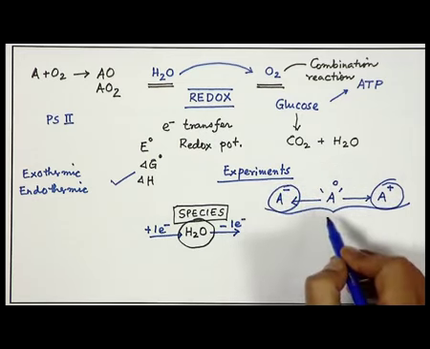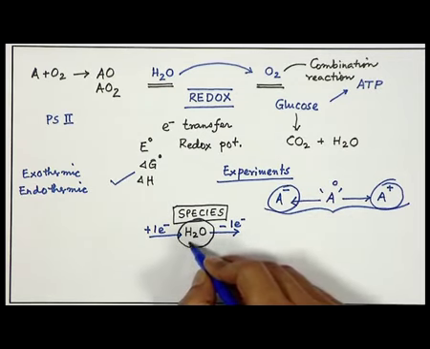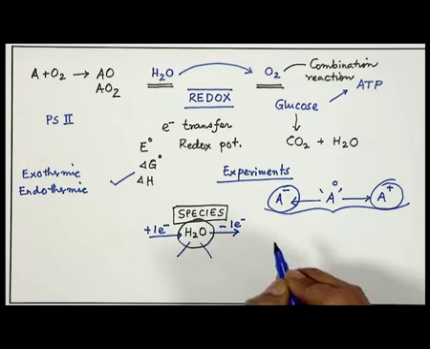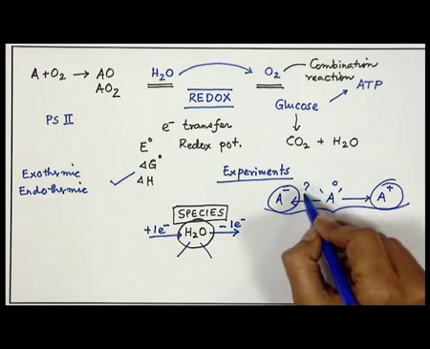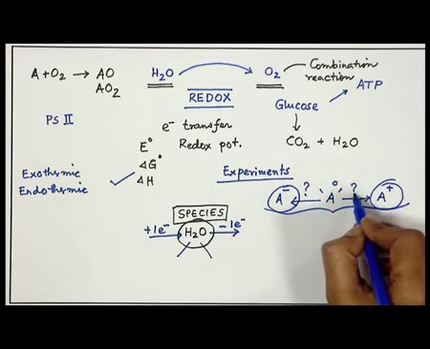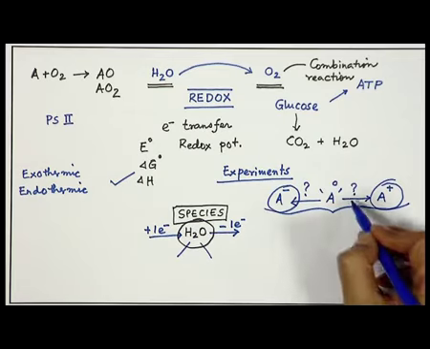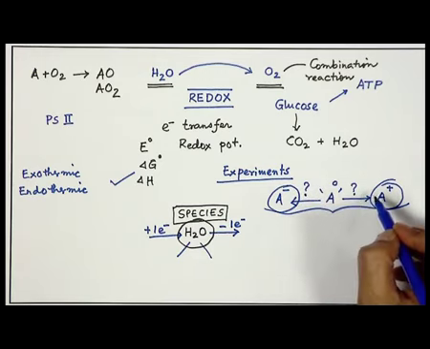So, if this particular species is what we get during the reaction, whether this same water molecule can function as an oxidant or as a reductant, depends upon these particular reagents, which are the species functioning as an oxidant or reductant.